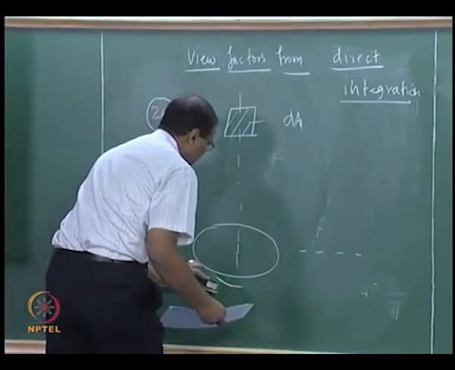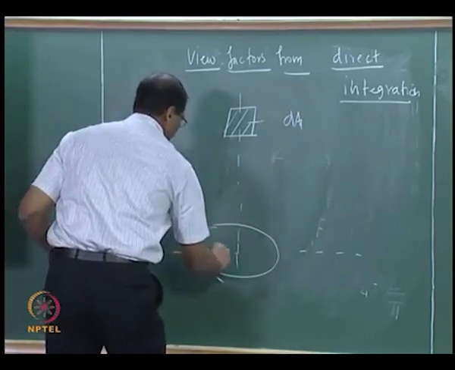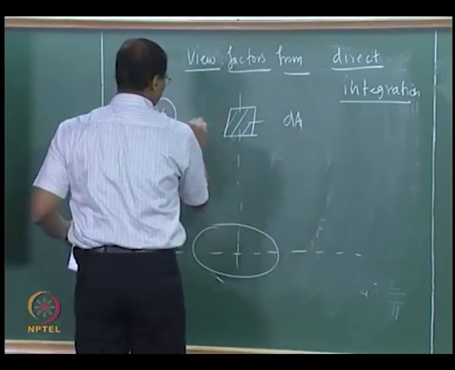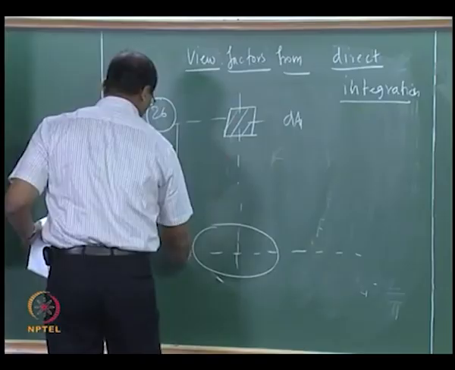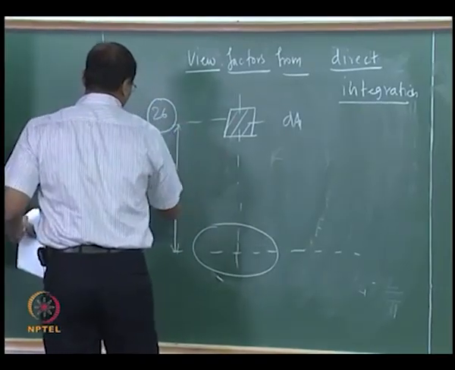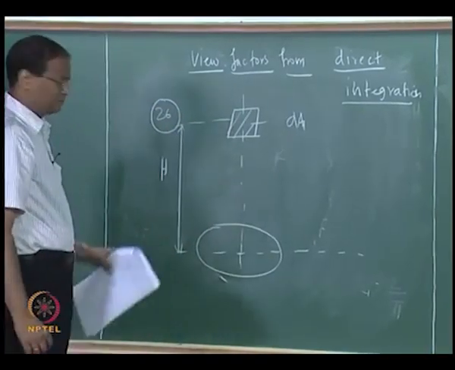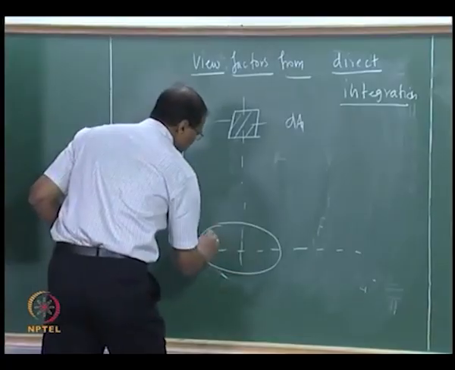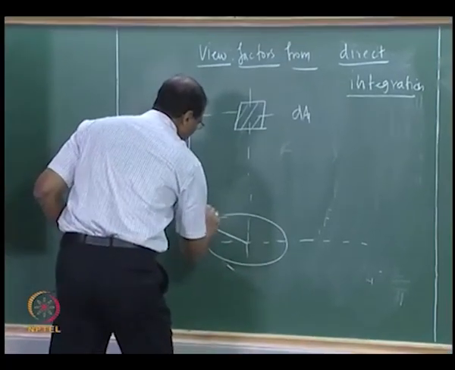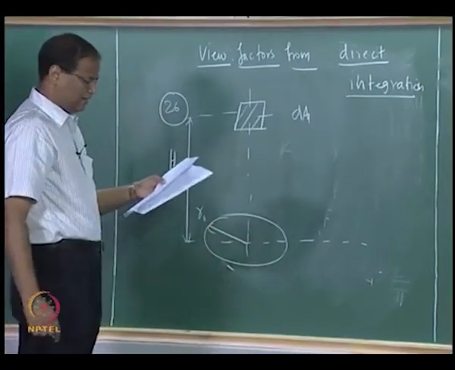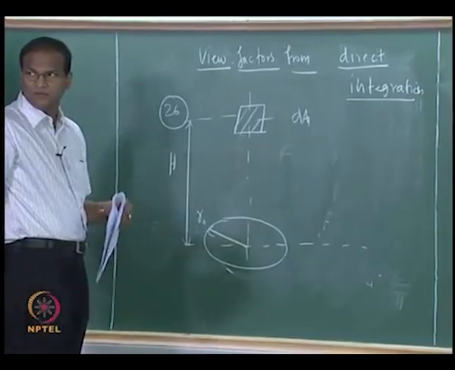I have a finite area here, a circle. The height is h. The outer radius is r0. It is a circle, right? It will look like this. It is not an ellipse.